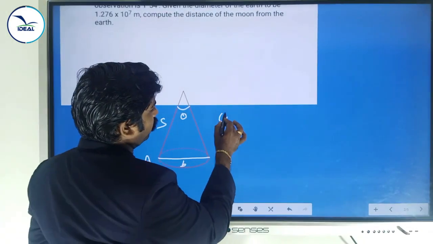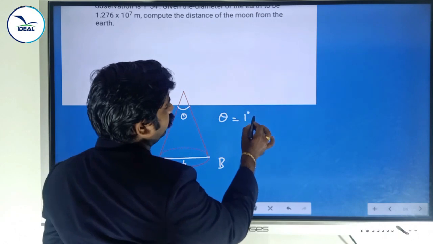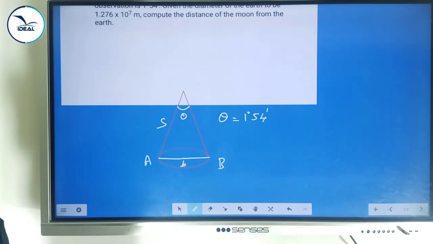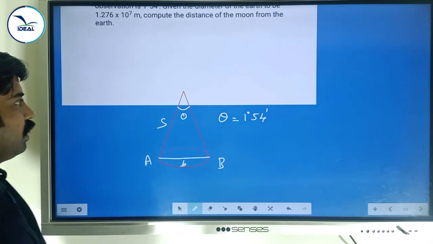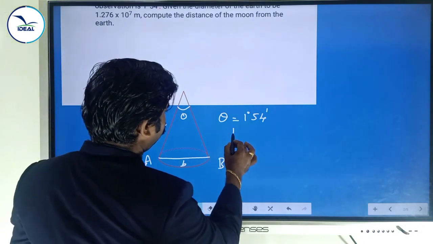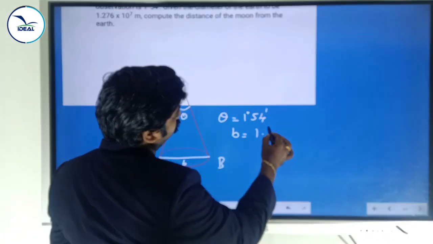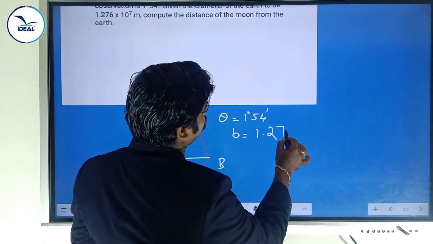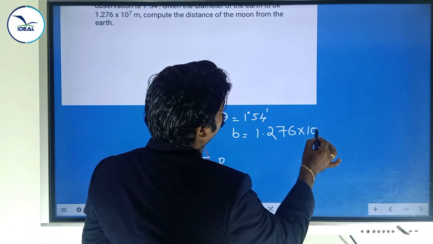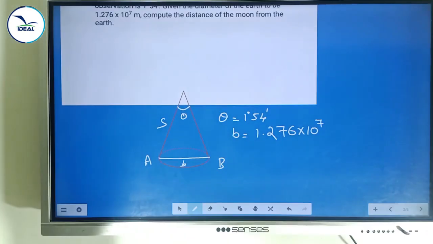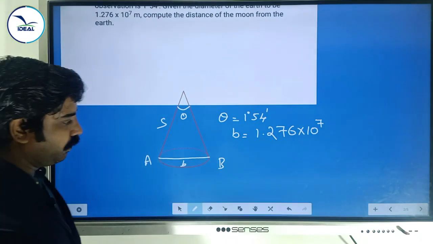Theta is given as 1 degree 54 minutes, and B equals 1.276 into 10 raised to 7. Okay, these are the values we got.